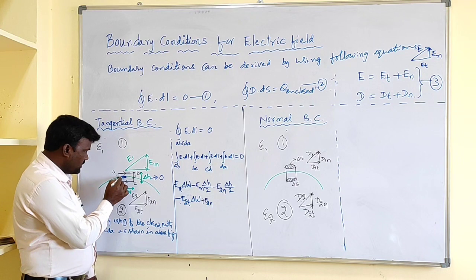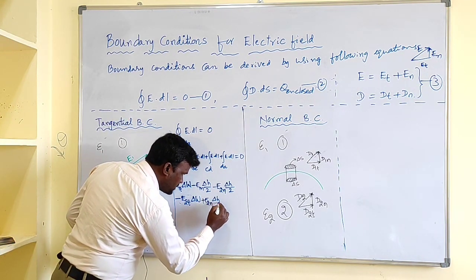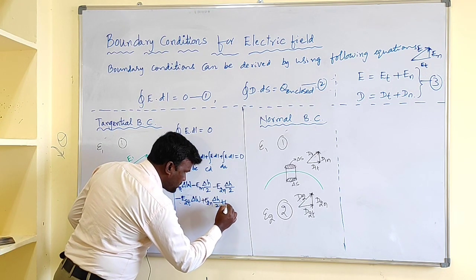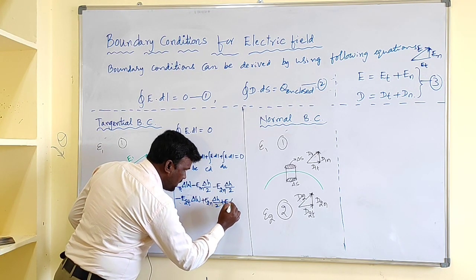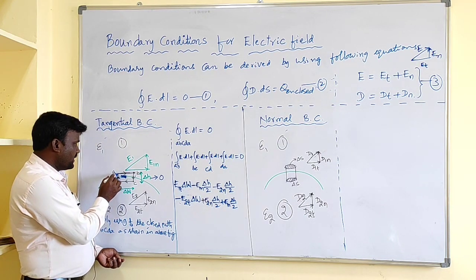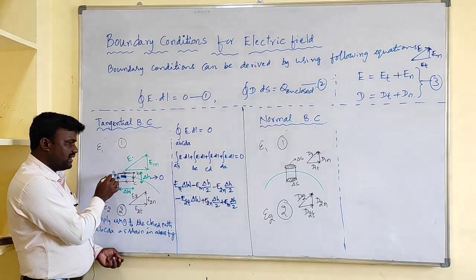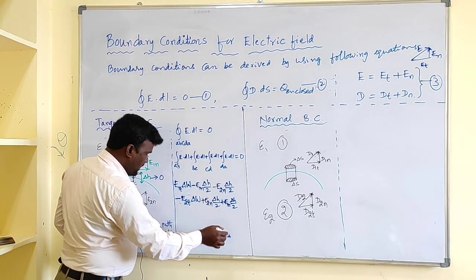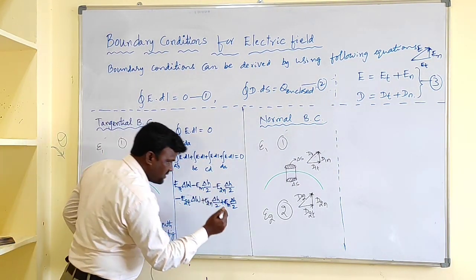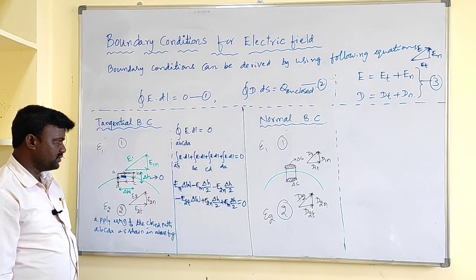That means this boundary is covered equally, which can be taken as delta h by 2. And what about the last one? That is E1n delta h by 2. From this point to this point it is covered in the first medium, that is E1n, and the length is delta h by 2, which tends to 0.